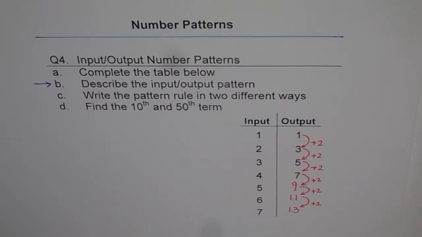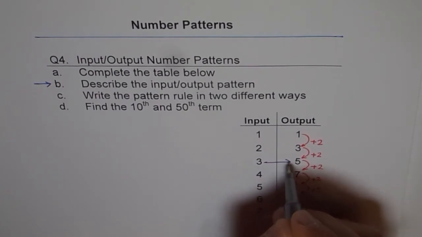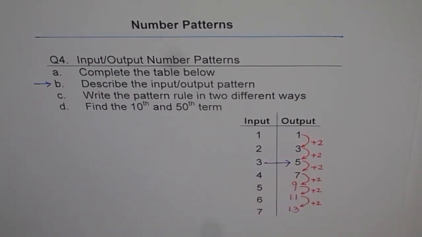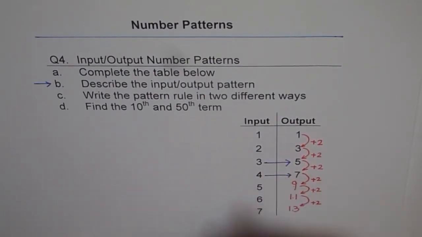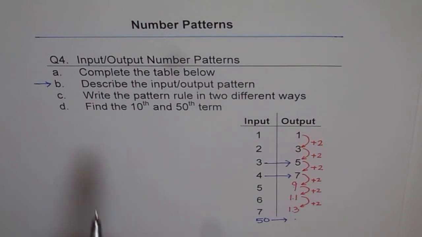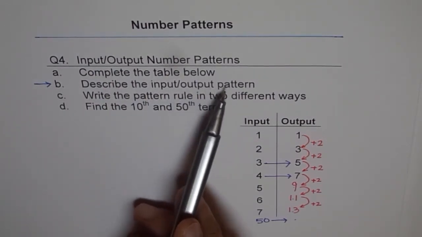But the question here is, how do you get from 3 to 5? This is a big question, which we don't know how to answer. How do you get 7 from 4? That is another big question, right? In that case, what do you get from 50? That is what we need to answer, and that is question part B. Describe the input-output pattern.